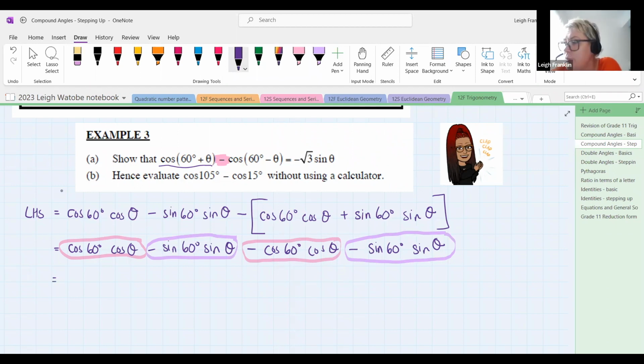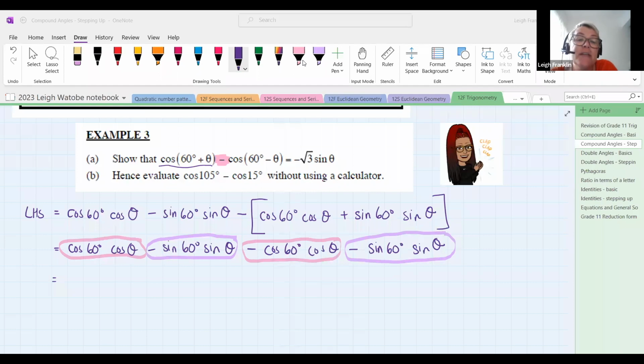Can anybody tell me what I'm going to end up with? The pink ones add up to 0. What do I get when I simplify the purple ones together? Eventually I'm going to end up with an answer, but before I get there, you've got to show your steps, you've got to show your working.